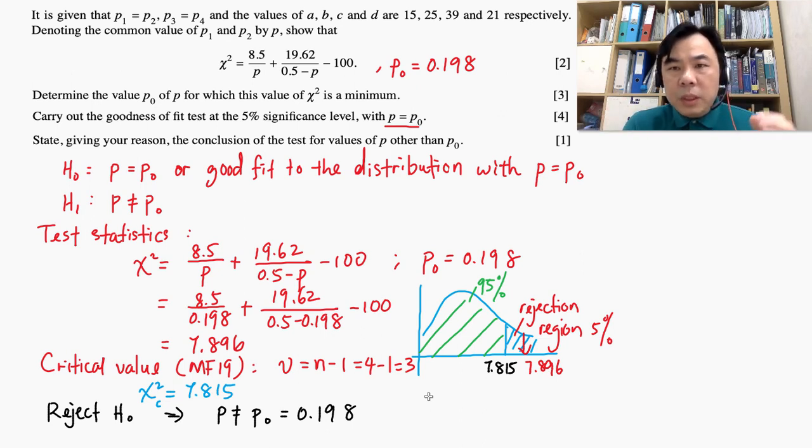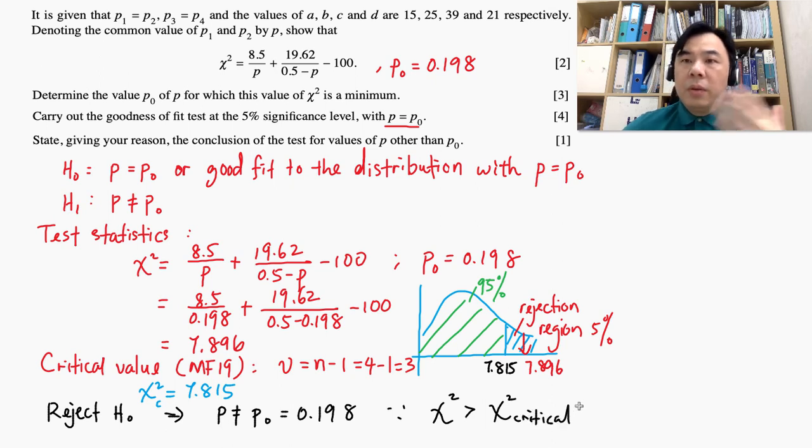Therefore, the proportion of the population is not equal to 0.198. The reason is because our test statistic is much greater than the critical value that we have already obtained from MF19. So I hope that is clear for this section.